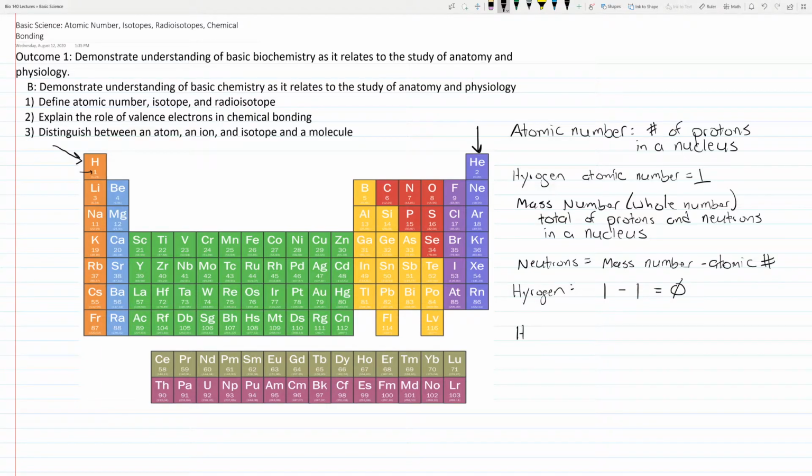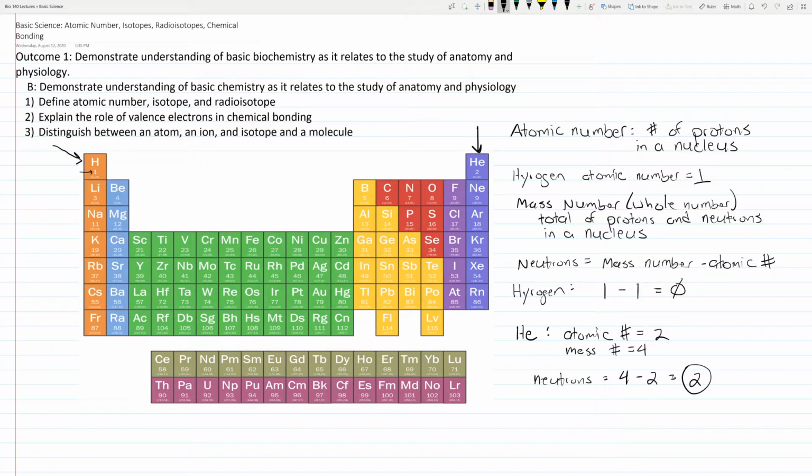Helium's atomic number is 2 and its mass number is 4. So the number of neutrons is 4 minus 2, which gives us a total of 2. So helium has 2 neutrons.